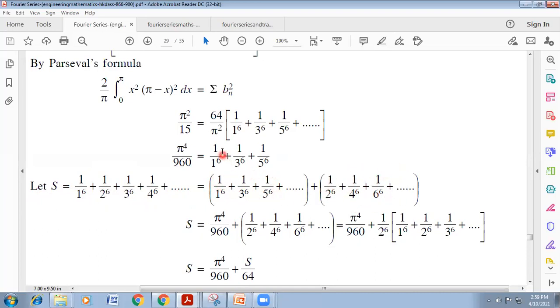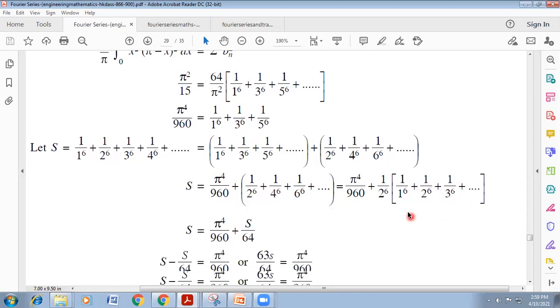This odd term equals 5 to the power 4 by 960. And this even term equals 5 to the power 4 by 960 plus, taking 1 by 2 to the power 6 as common, 1 by 1 to the power 6, 1 by 2 to the power 6 plus 1 by 3 to the power 6 plus so on. And this was actually our series S.